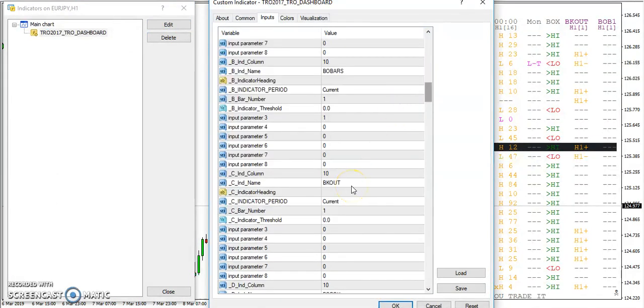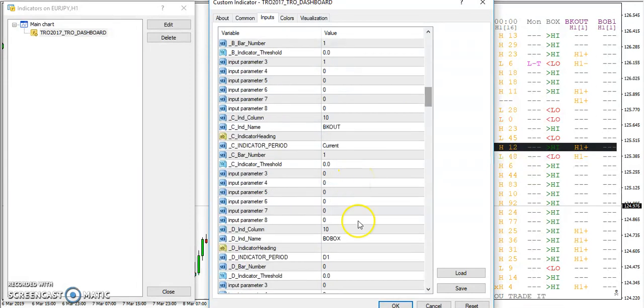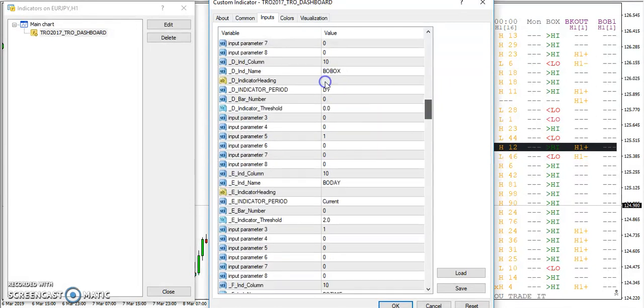So we have a normal breakout based on the previous candle here, or if you wanted to, you could go 2 bars ago. You can specify which indicator period it works on. Then you can do a breakout box. So in this case, this is the hour and the minute of the start, and this is the hour and the minute of the end time. So you can set it up that way.